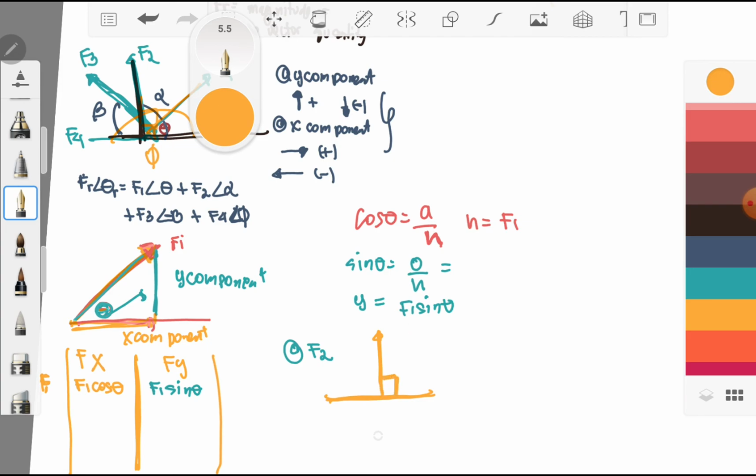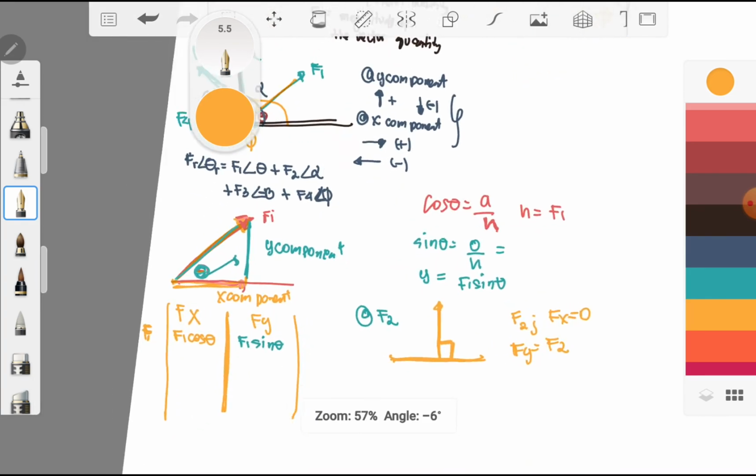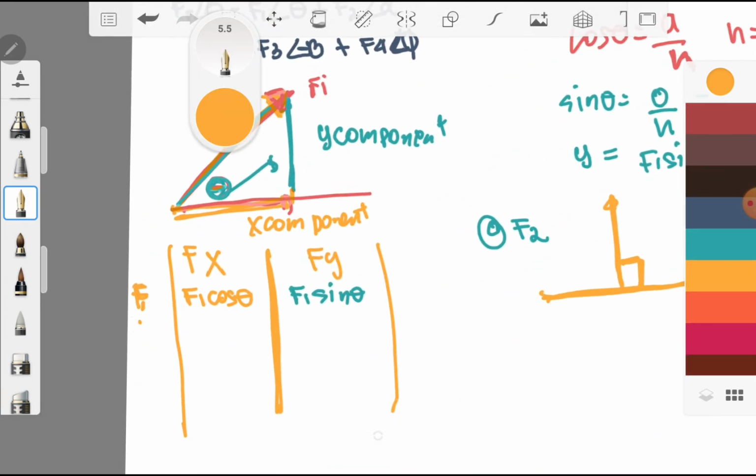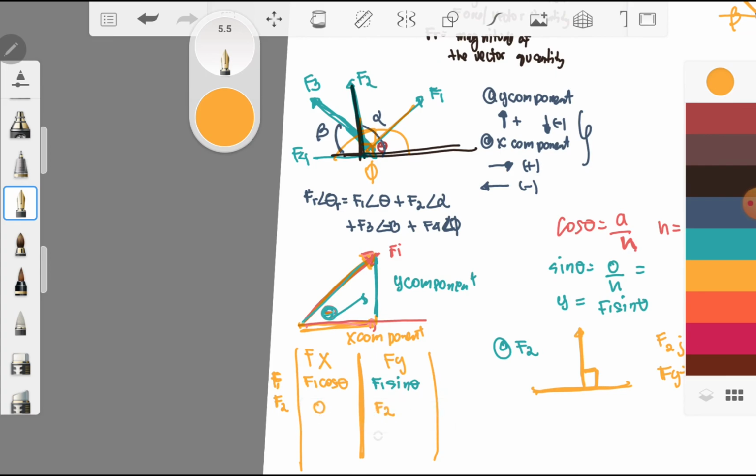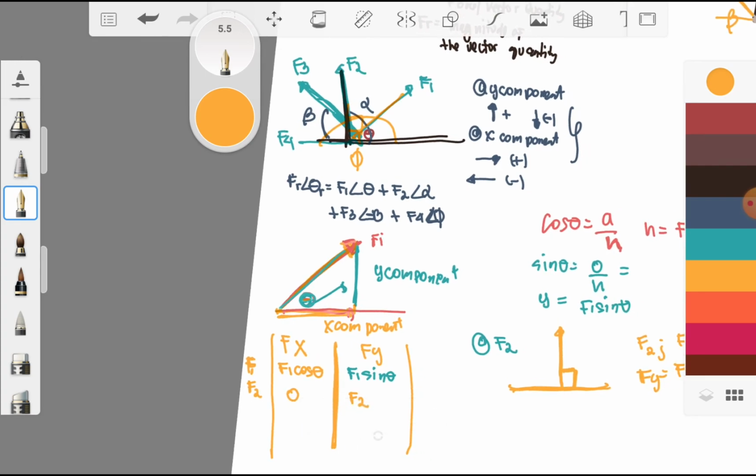Therefore, F2 has your F of x equal to 0 and your F of y is equal to F2. So let us tabulate it into the table: at F2 we have 0 for x and positive F2 for y. And then for your F3, we'll get the value of your F3.